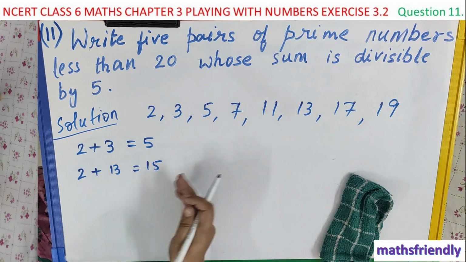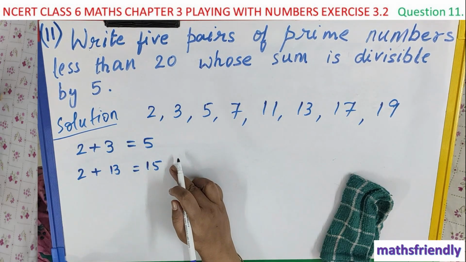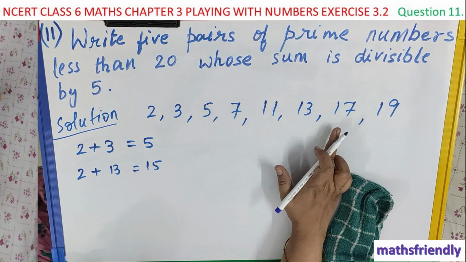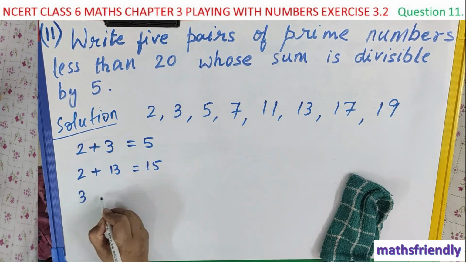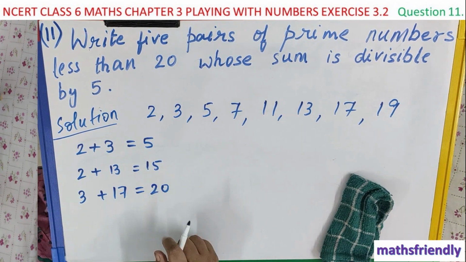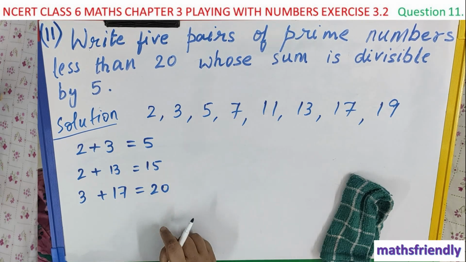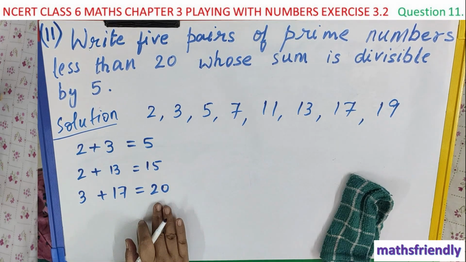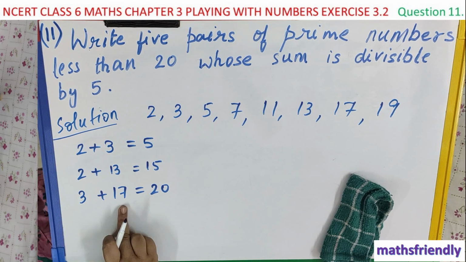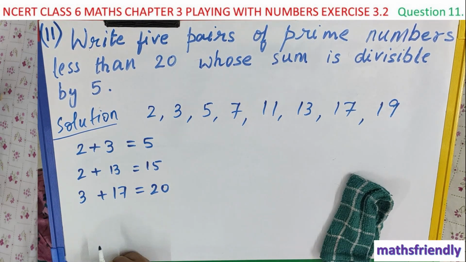We have to take such 5 pairs, and we have already taken two. 3 plus 17 gives 20, and 20 is divisible by 5, because when we divide 20 by 5 the remainder is 0. So this is one more pair of prime numbers whose sum is divisible by 5.